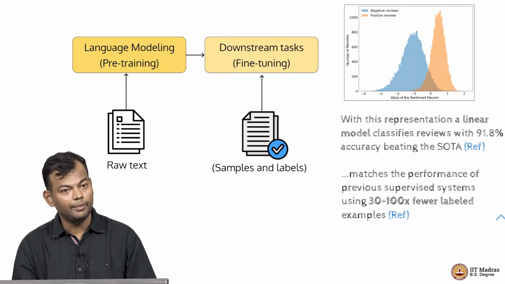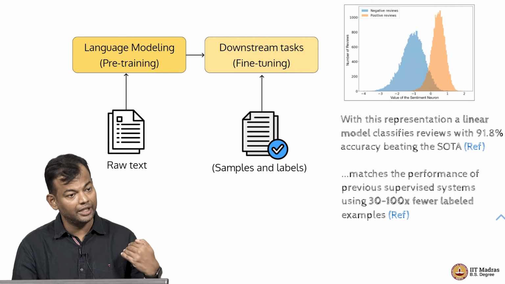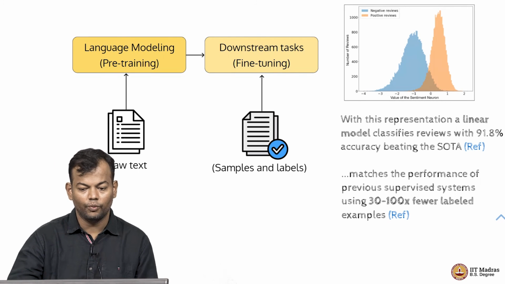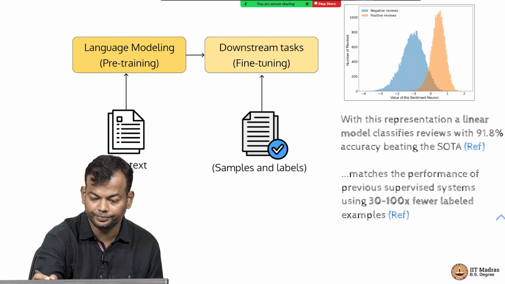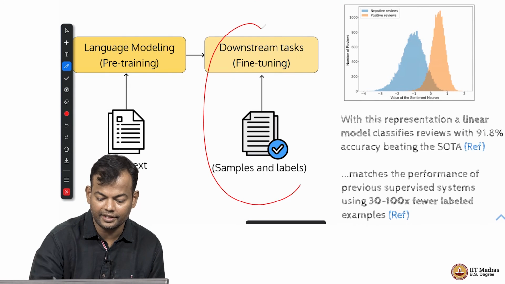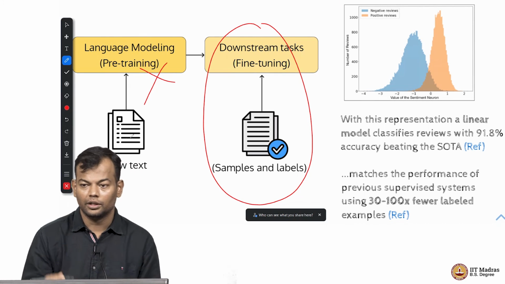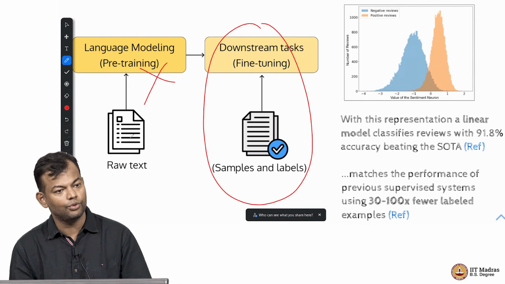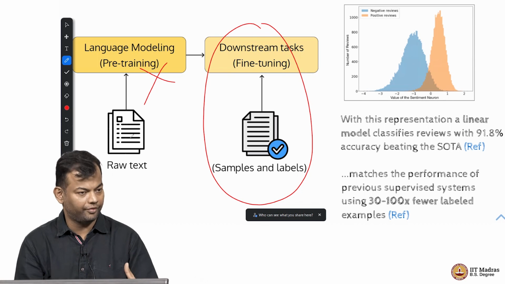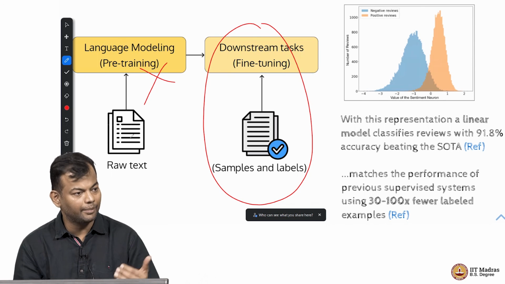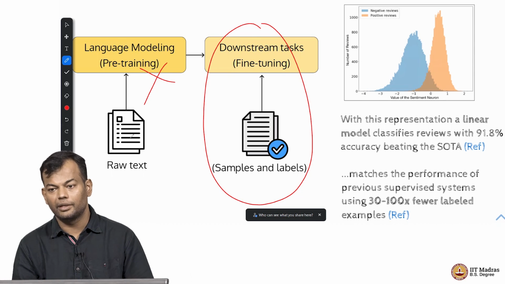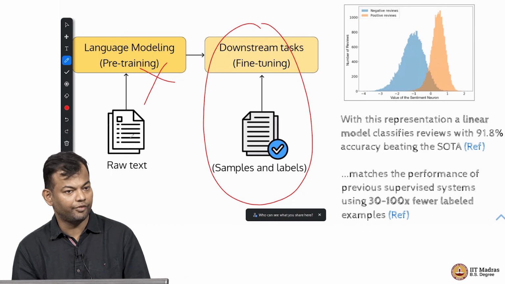And it was able to match the performance of previous supervised systems. When I say supervised systems, I mean just this, right? There is no pre-training, just the supervised fine-tuning. So the previous supervised systems, which were just using a lot of sentiment analysis labeled data, they are able to match their performance at 30x to 100x fewer labels, right?